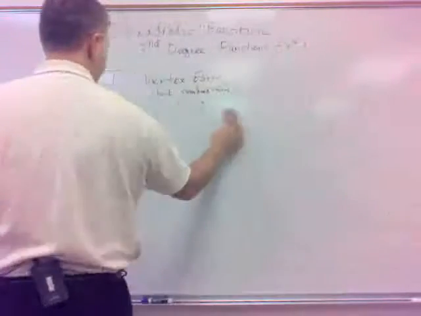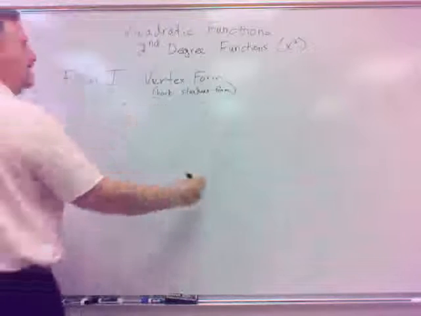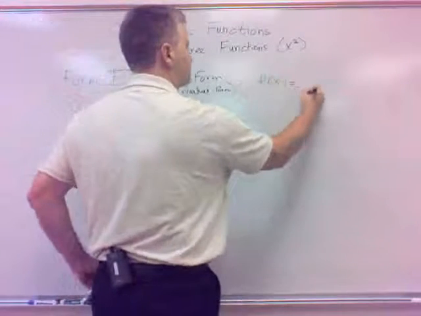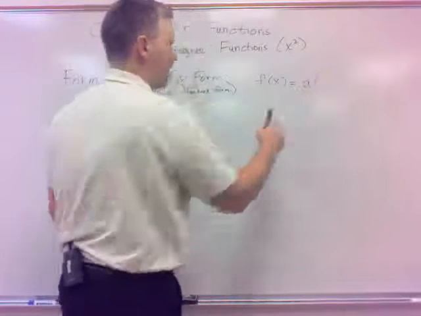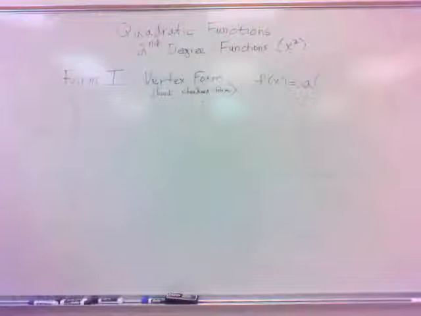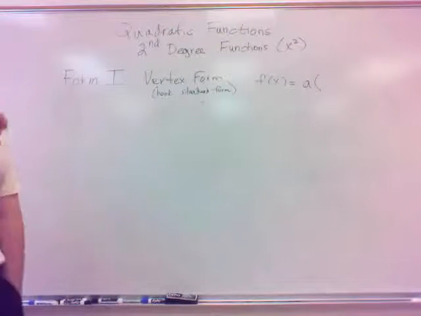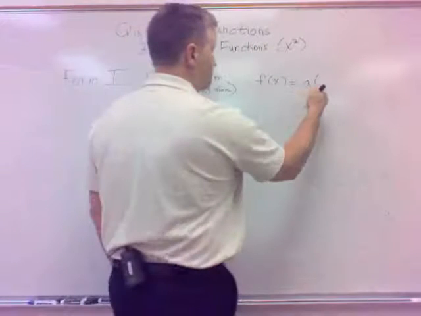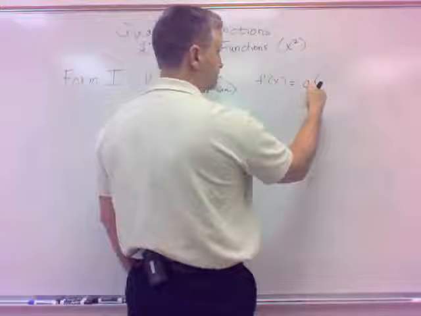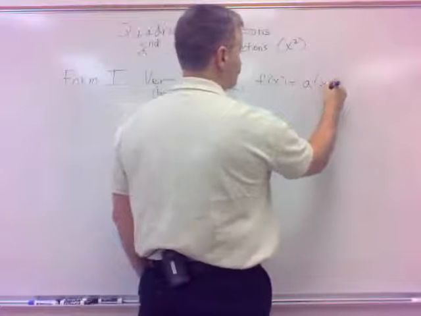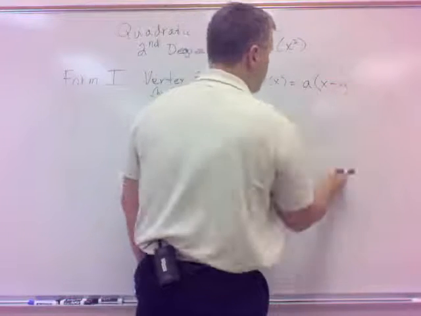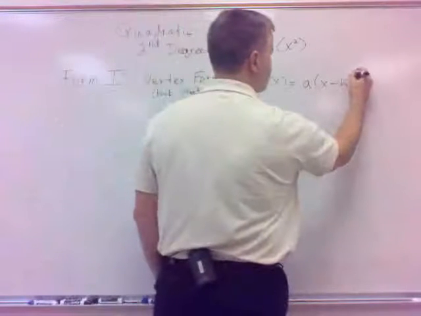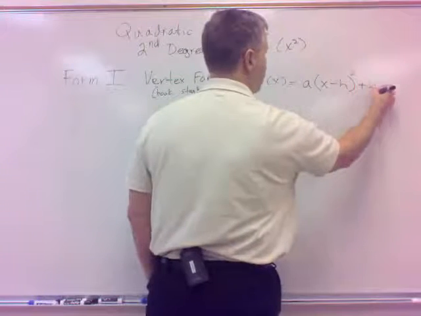The vertex form of a parabola in general looks like this: f of x equals a, and we call this letter in front a because, like from the quadratic formula, you have ax squared plus bx, it's the same a. We'll put the a in front, and then it'll be times (x minus h) squared plus k.